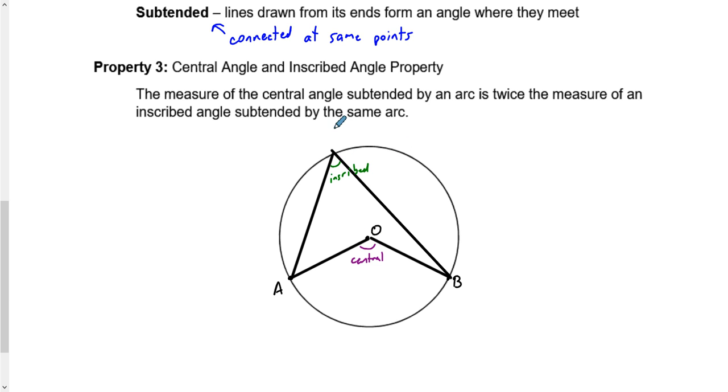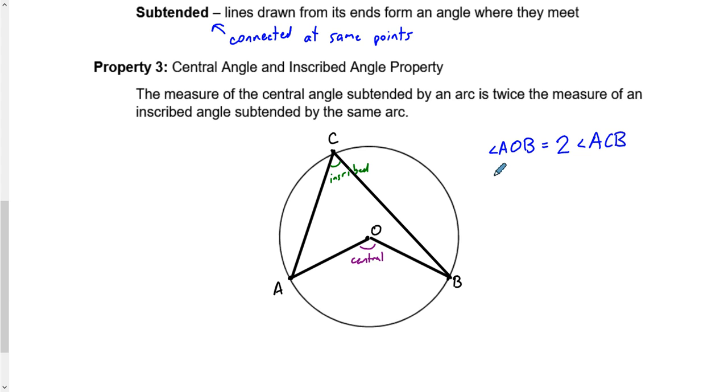So let's call this point C. What that's saying is angle AOB is actually 2 times the size of angle ACB. So this angle right here is literally double the size of this one. You could also say it the opposite way.